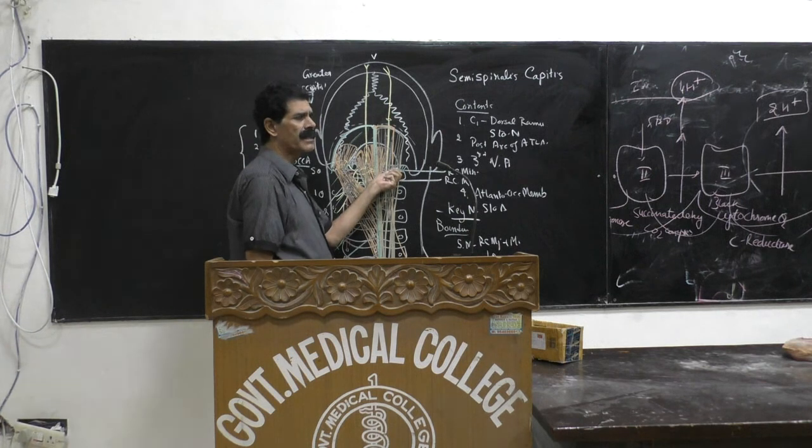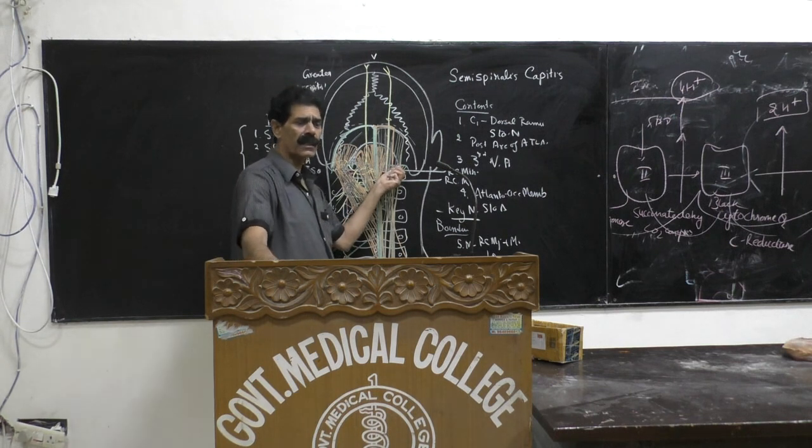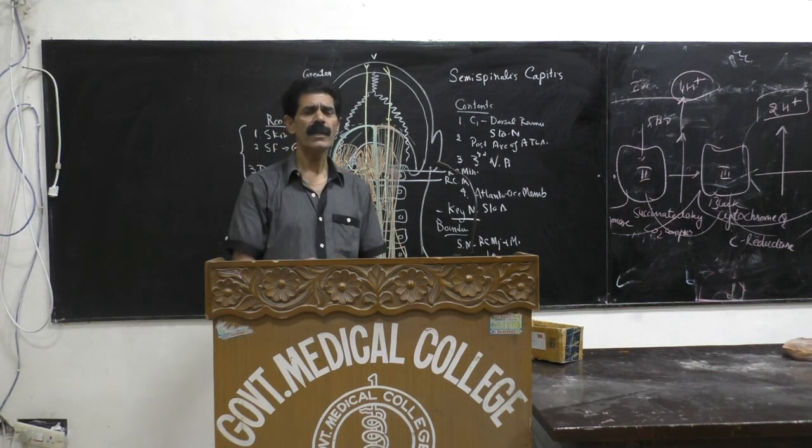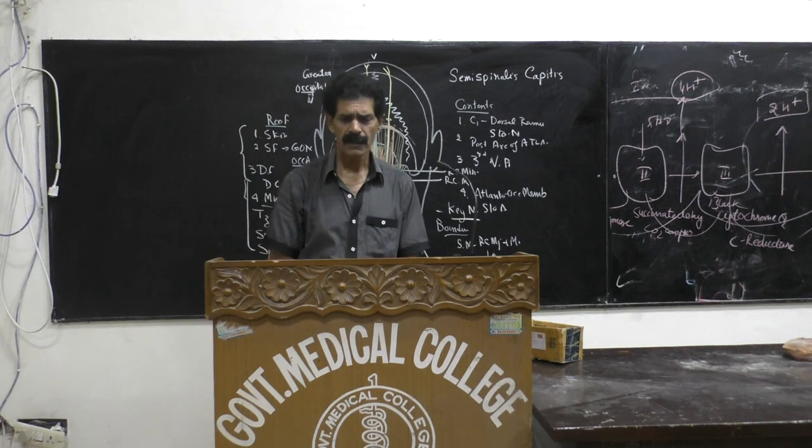So this is the optimal site, because just in front of the atlanto-occipital membrane there lies the cisterna magna, the cerebellomedullary cistern. A large amount of CSF is here because this is the largest cistern. So because of its anatomical position in front of this suboccipital triangle, we can easily collect it. So that is the applied importance of the suboccipital triangle. That's all.